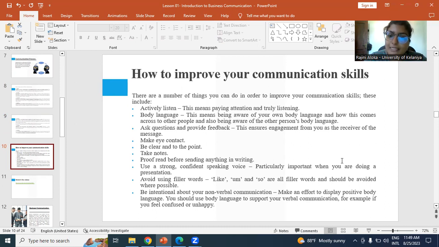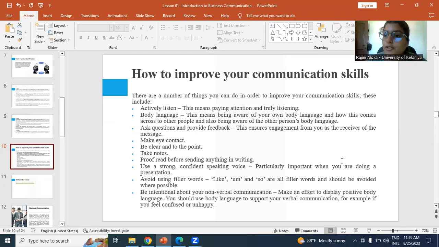This means paying attention and truly listening. So one of the main ways is, when it comes to communication, if you are not listening, not paying attention to someone who's speaking or telling you something, that means the communication won't work. Okay, so one of the things you can do is active listening.